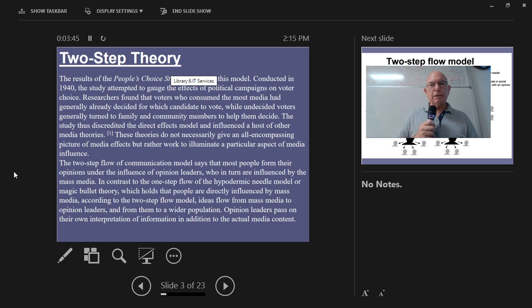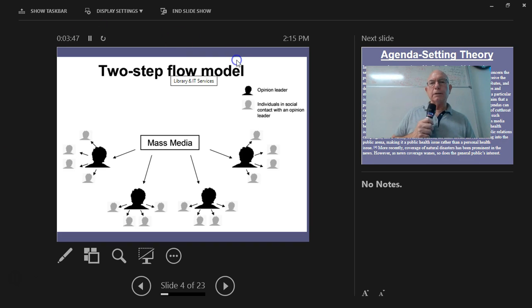But when it finally came down to where they actually did some research on it, this is where the two-step flow model was created, when they found that it wasn't so, at least not in the area of politics, something like that. The people they studied were impacted more by opinion leaders. The information did come through the media, obviously, a lot of information, but then it went through the opinion leaders.